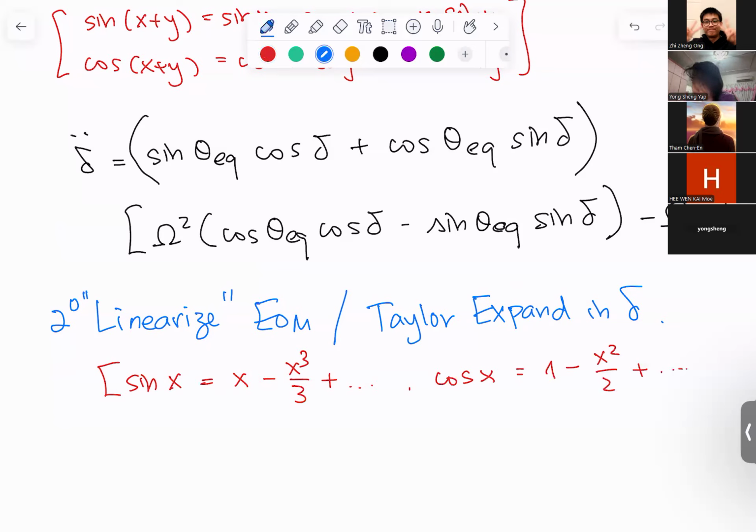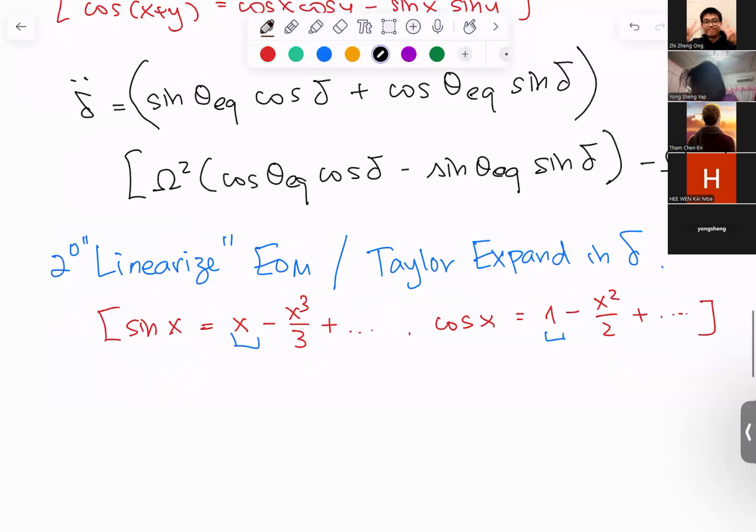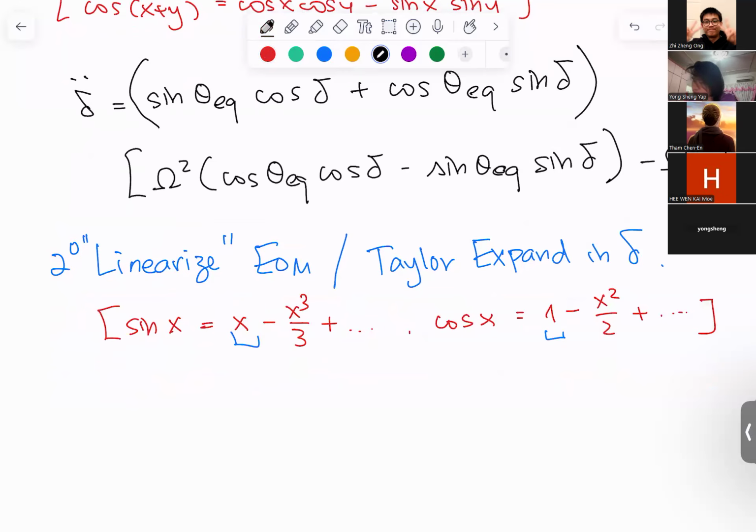We'll just keep up to the first term in the Taylor expansion, or some of you may know this as the small angle approximation. In this case, the small thing that we're trying to expand are the deltas.